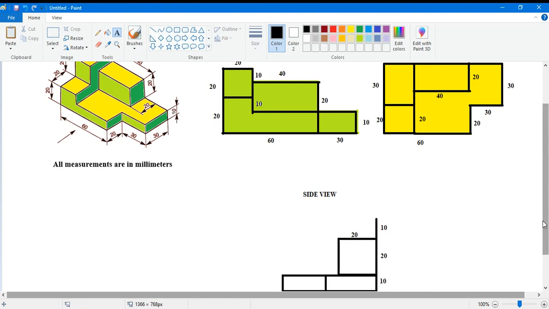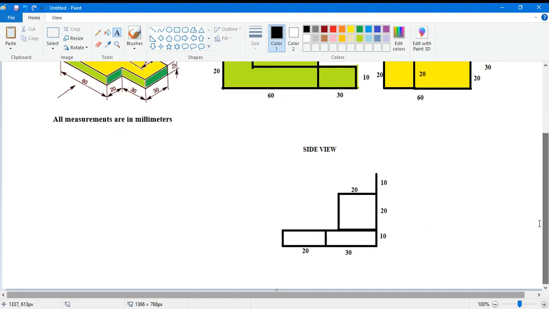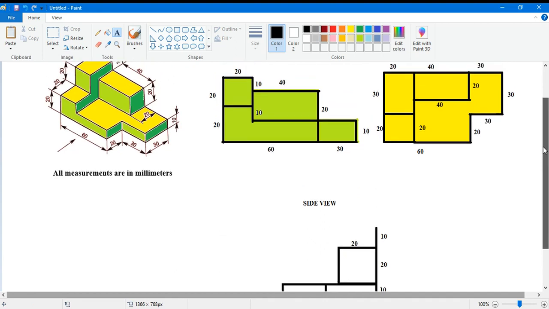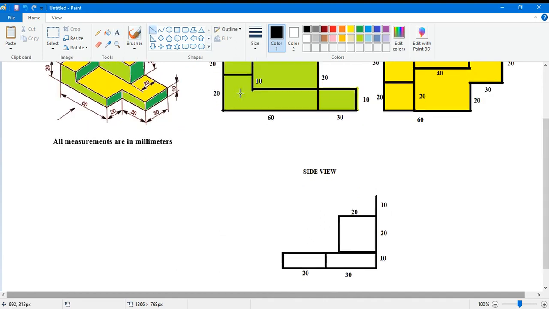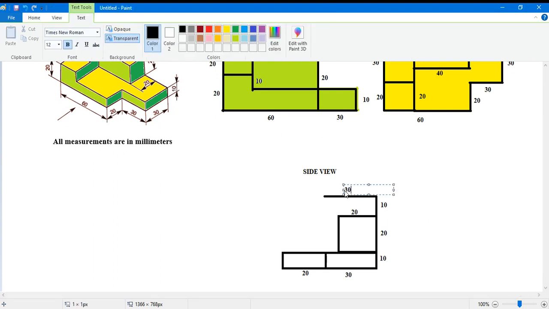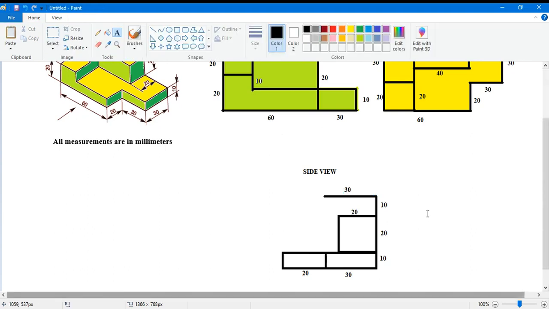I need to do the other line, which is gonna be at 30. So we draw this more or less, make it reach around here. Okay, so that's what is the measurement of that line, that is gonna be at 30.